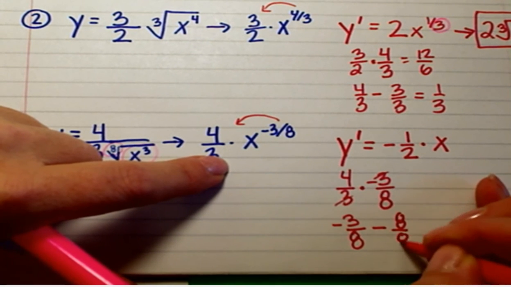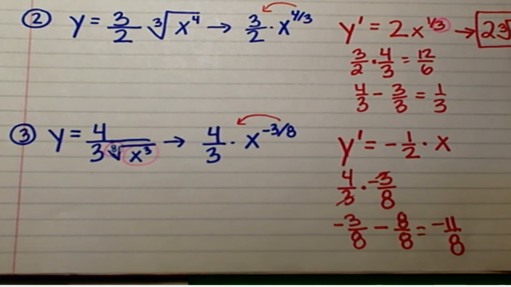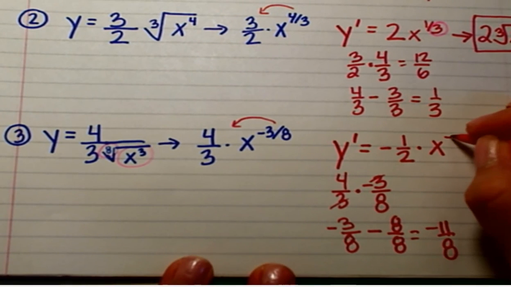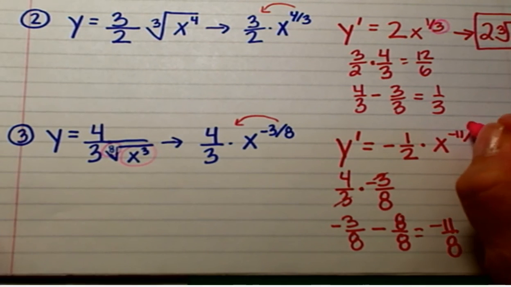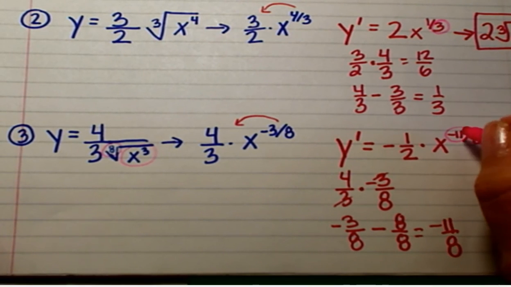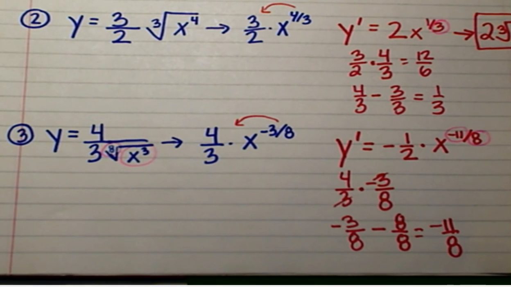You always are matching the denominator when you do this subtraction. Minus 11 over 8. Oh, 2 negatives. Okay, so I got this negative power, and the root is 8. Means I have to do 2 things. The negative power has to move numerator to denominator.